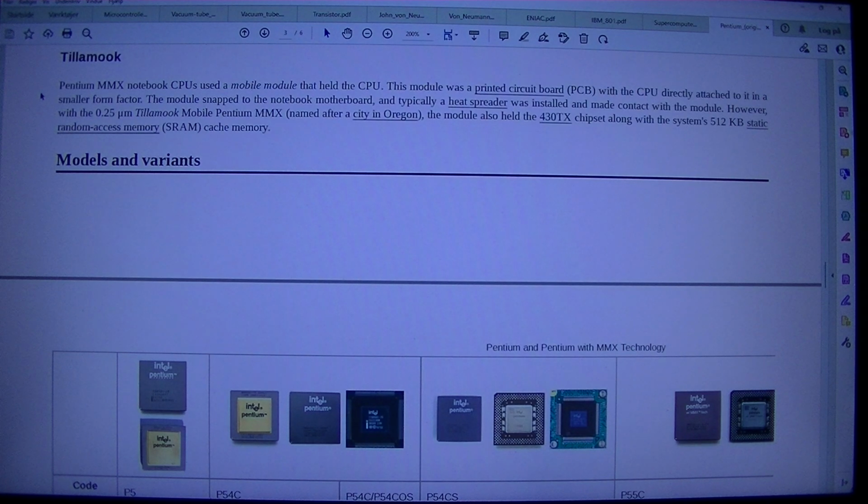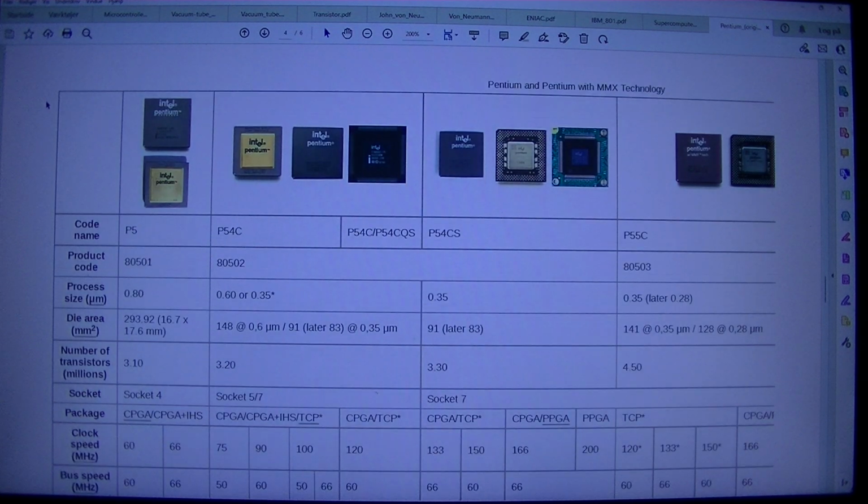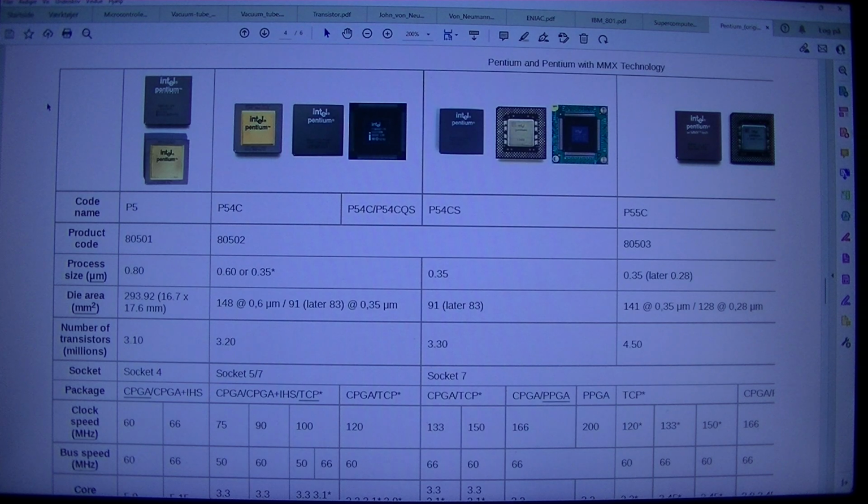Models and variants. Pentium and Pentium with MMX technology.